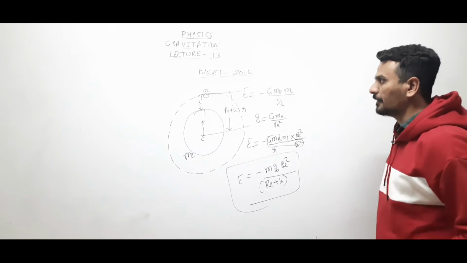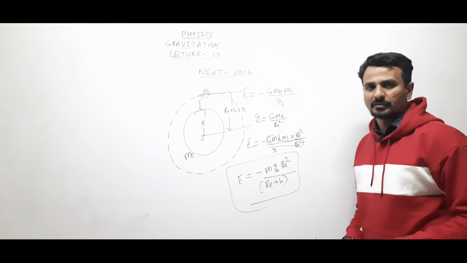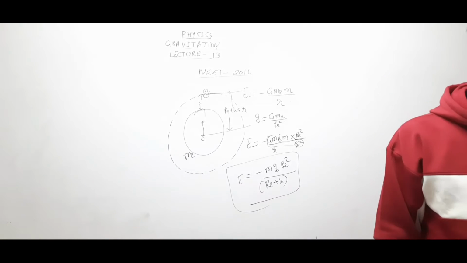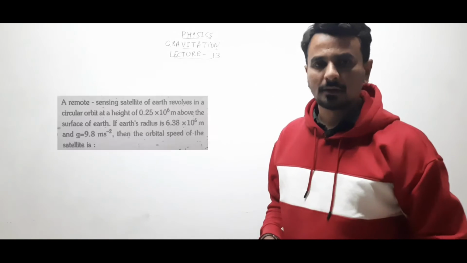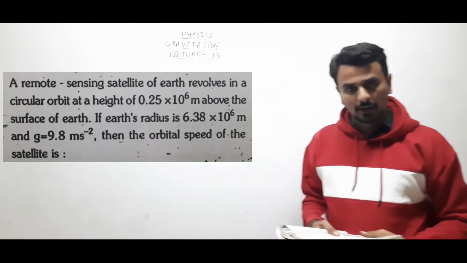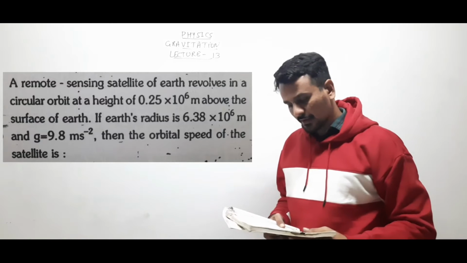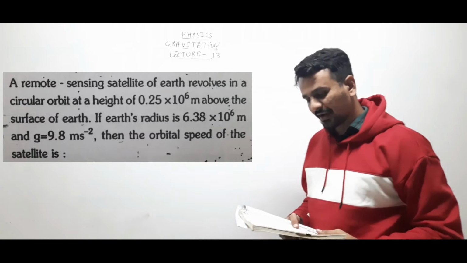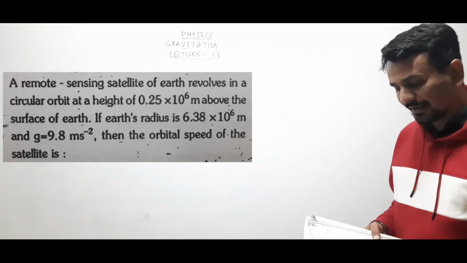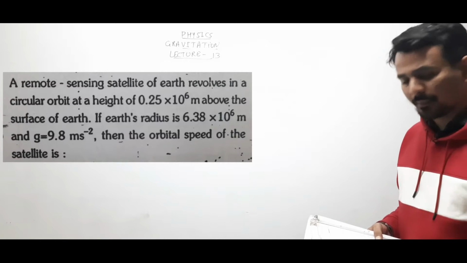So this was a question of NEET. Clear? Okay, we'll solve another question. A remote sensing satellite of earth revolves in a circular orbit at a height of 0.25 into 10 raised to 6 meter above the surface of the earth.